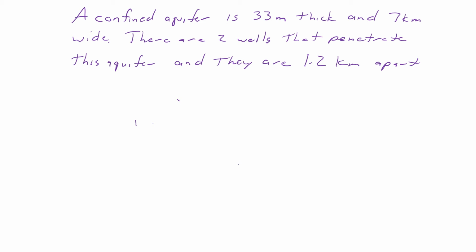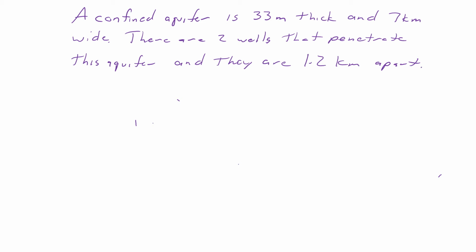So we have a confined aquifer, 33 meters thick, 7 kilometers wide, and we have 2 wells that are going down and penetrating this aquifer, and they're 1.2 kilometers apart, 3/4 of a mile.